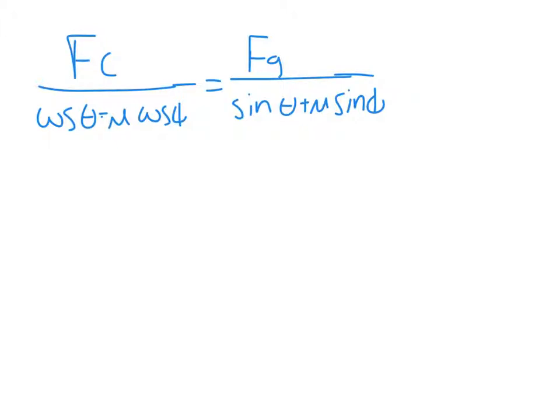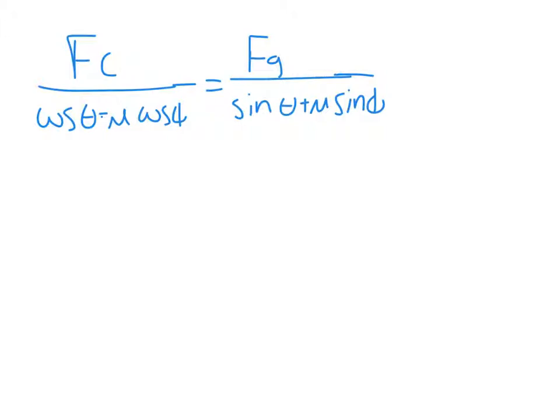Friction equals mu Fn, so friction mu goes with the phi. So mu and phi will go together with these sines and cosines. I'm going to cross multiply and try and clean this up a little bit. You will notice that this is just messy. There's really no great way to do this.